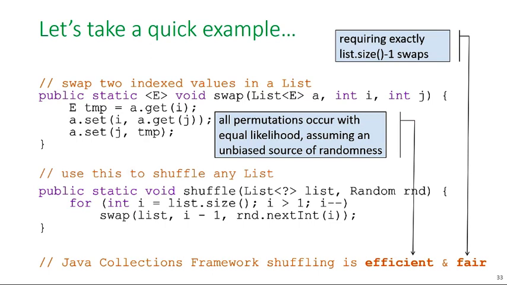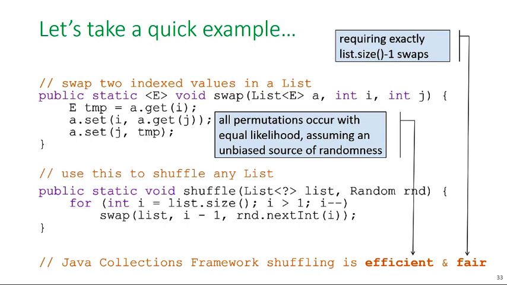No, I'm kidding. So this is actually the nuts and bolts of how shuffling is implemented in the Java collection framework. There are two characteristics that are interesting about that very simple algorithm. It's efficient, assuming that you have an unbiased source of randomness. That's why we pass the random object.